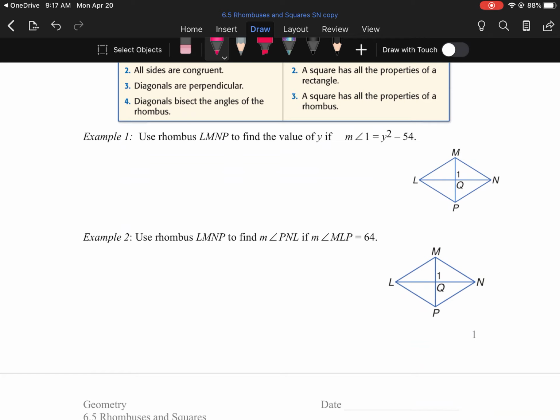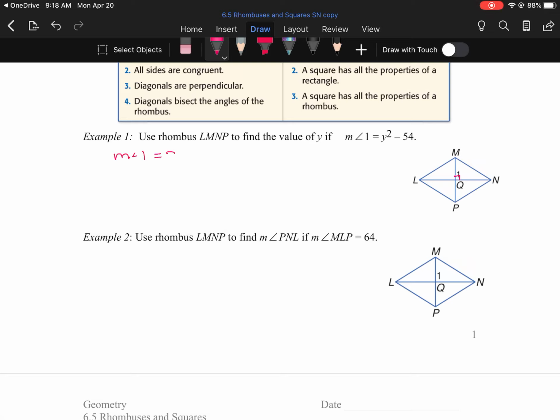So let's take a look at the first example. It says use rhombus LMNP to find the value of y if the measure of angle 1 is equal to y squared minus 54. So the measure of angle 1, well, that's right here in the middle, and we know that's where the diagonals bisect each other, and we know that the diagonals form 90-degree angles.